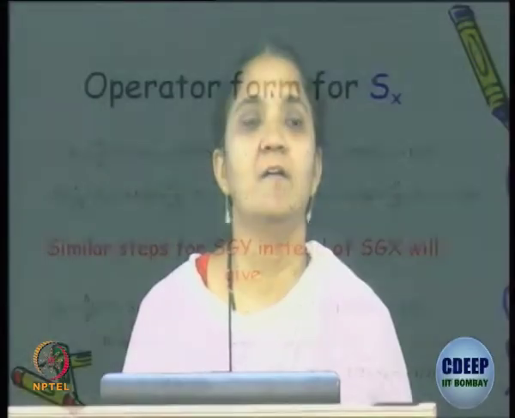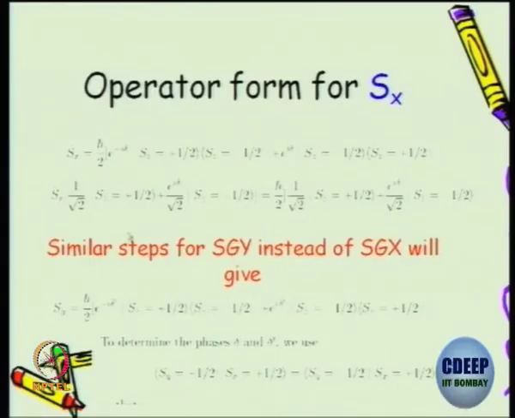Okay. So similarly, instead of putting it through SGX, you put it through SGY. Instead of SGX, if you had put it through SGY, then an arbitrary eigenstate, the same argument. There will be 2 eigenstates for the Sy operator, and you can write the states of the Sy operator again as a superposition of Sz eigenstates with a different phase factor.